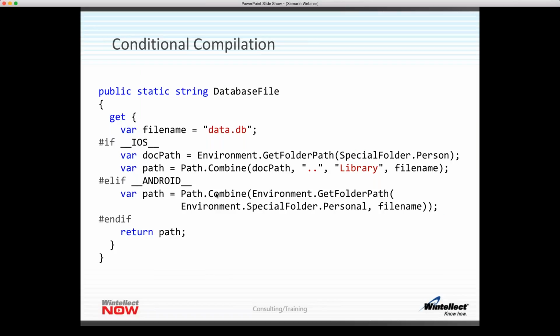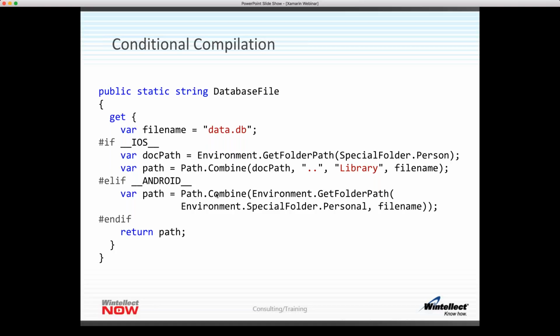I've got some property that's going to be giving me back the path to the database file. So this method exists in the shared project. However, when this file is being compiled in the iOS project, it includes the iOS code here, and when it's being compiled in the Android project, I get the Android code. All right, so I'm just choosing which code to compile. If you've done any cross-platform sort of things, you may have done a bunch of if-defs like this and things.